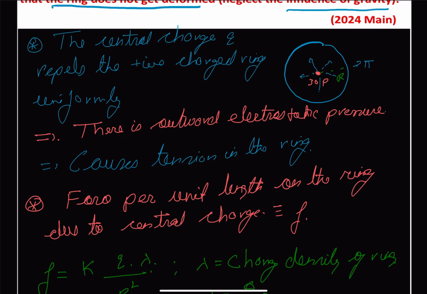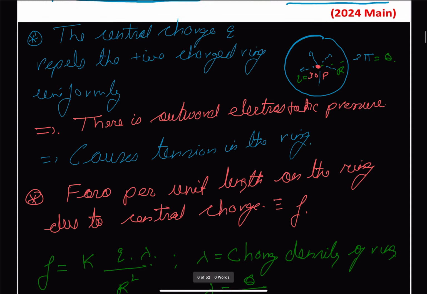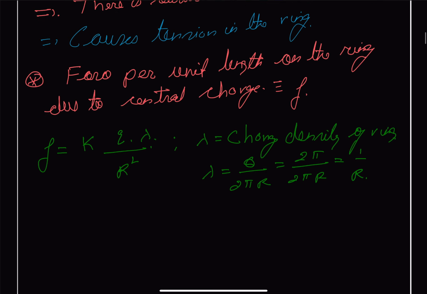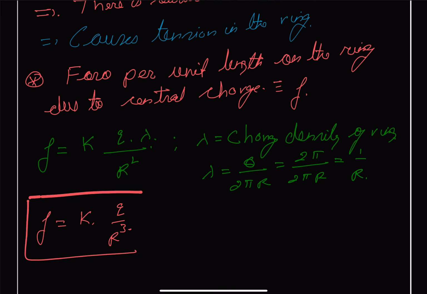So this 30 pico is our small q and this is our capital Q. So we substitute the value of capital Q, we get 2 pi r, which will be equal to 1 upon r. And F is the force per unit length. So we substitute the value of lambda, we get F is equal to K Q upon R cube. Okay, so this is the force per unit length.